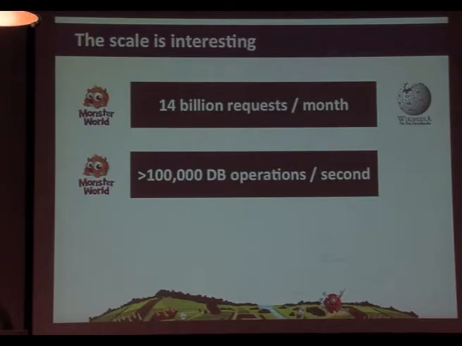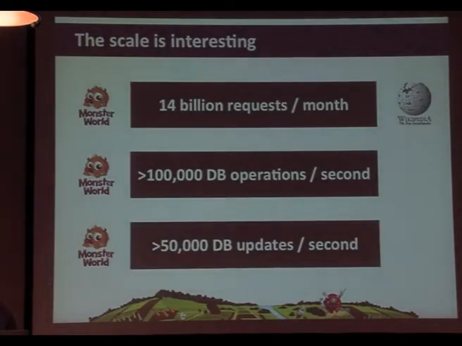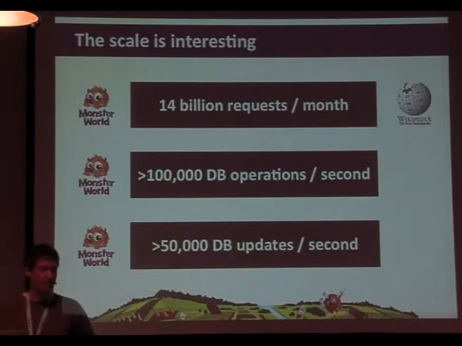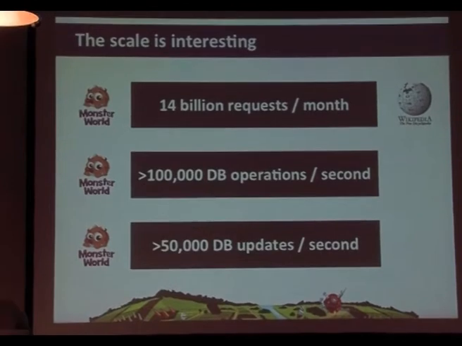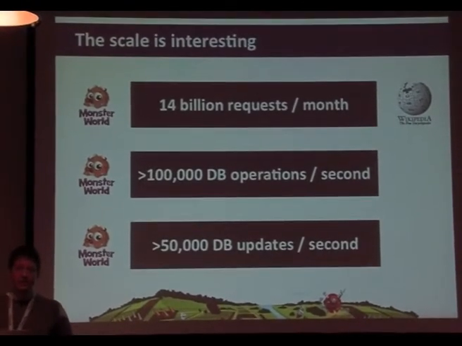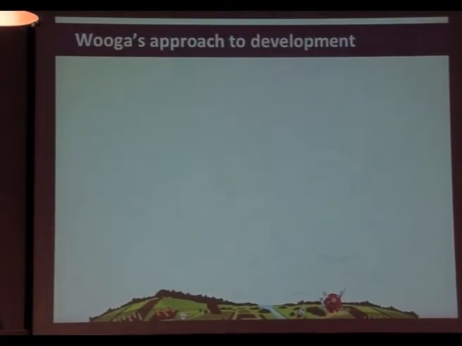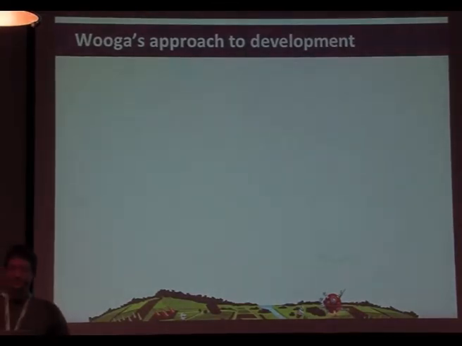For us, this boils down to about 100,000 database operations per second, of which half are actually updates. So caching is not really something that would help. That's what we're up against, and how do we deal with it?